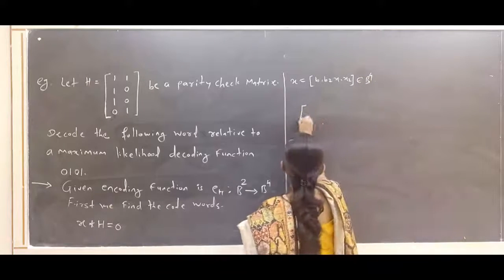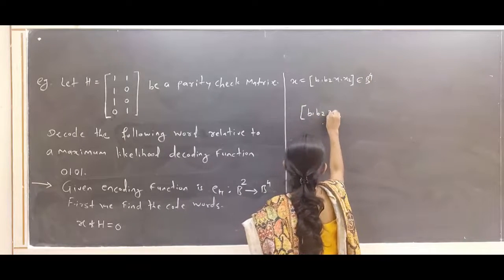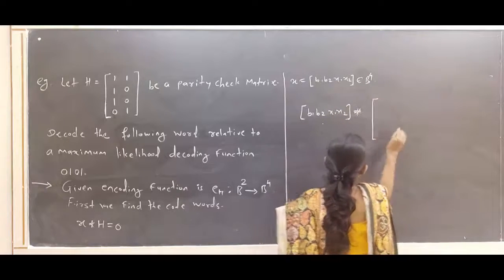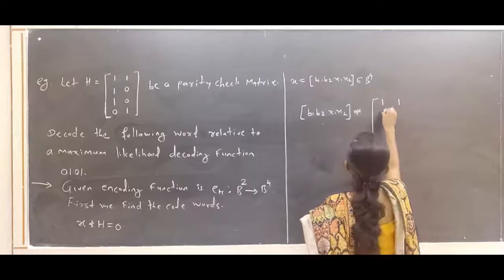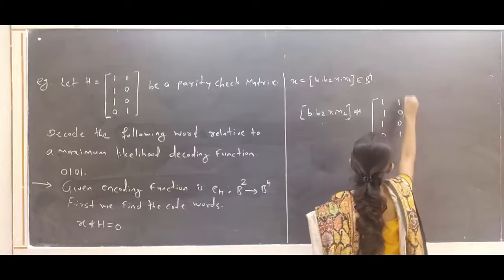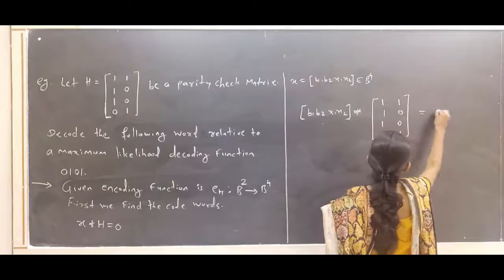So here (b1, b2, x1, x2) * H, with H rows (1, 1), (1, 0), (1, 0), (0, 1), equals 0.